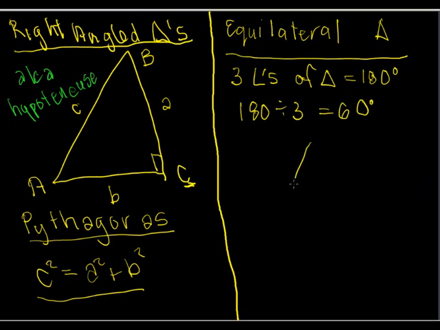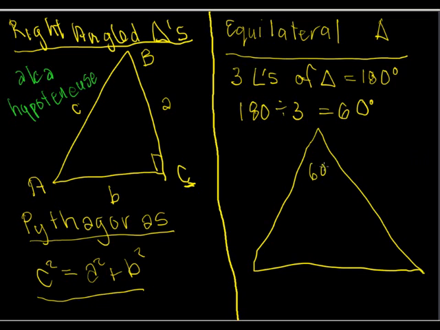Let's try and draw quite a big one here. The thing about the equilateral triangle, we can make all the angles 60 degrees, 60 degrees, 60 degrees, but the thing is that all the sides are the same length.